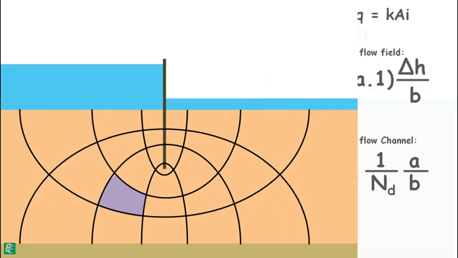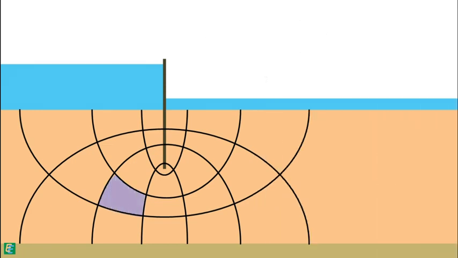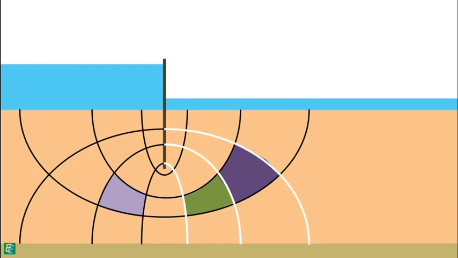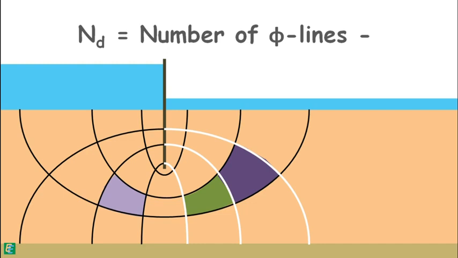Note that this is one potential drop between two equipotential lines, and these are two potential drops between three equipotential lines. So we can see number of equipotential drops ND will be the number of equipotential lines minus 1.